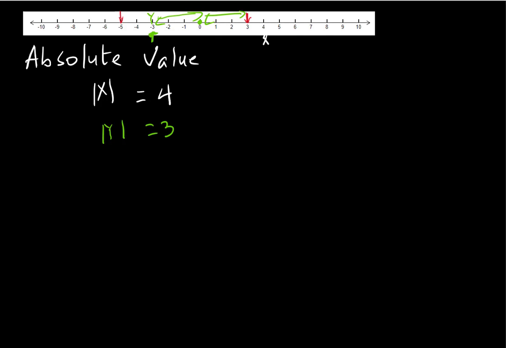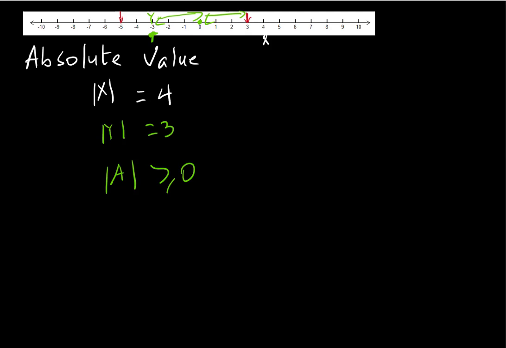So simply put, the absolute value is always positive. If I take a, the absolute value of a is always greater than or equal to 0. So we should know that.